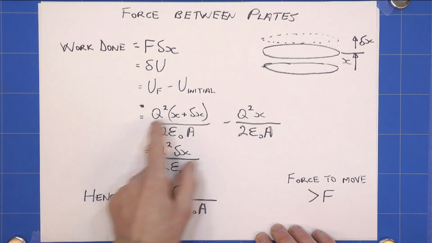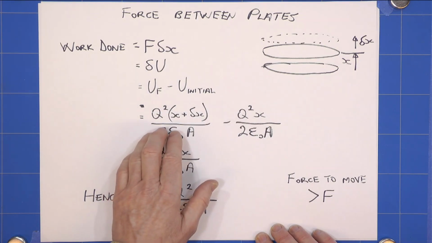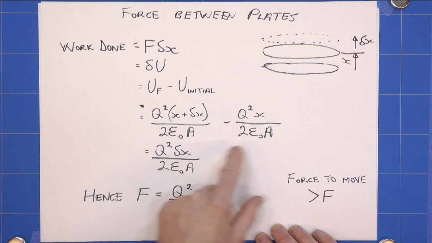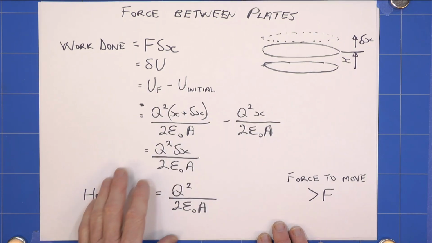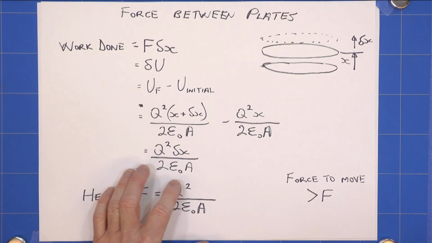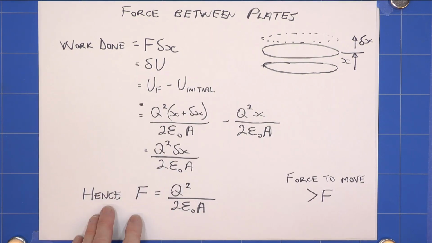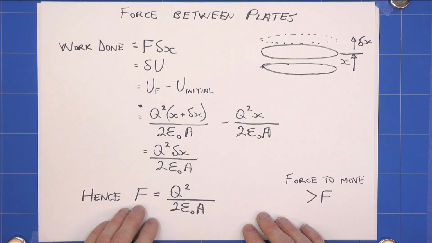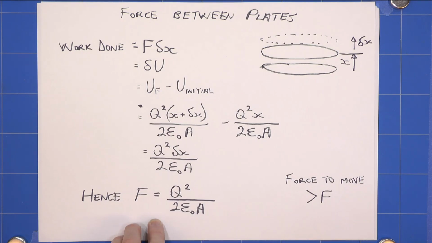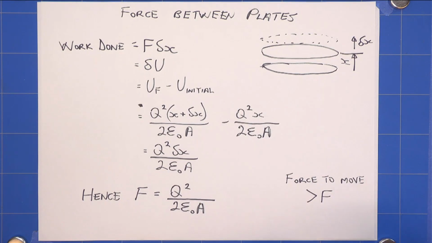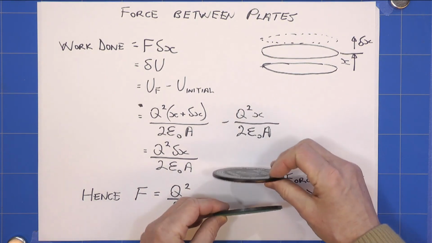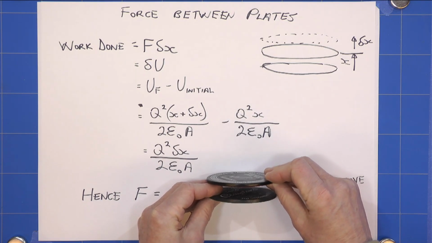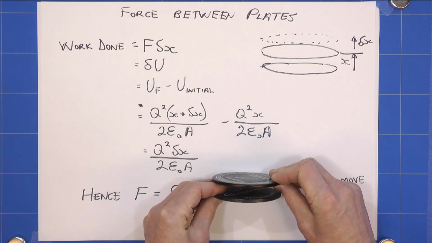And if we put this in, here is our final energy minus the initial energy, we get the work done is Q squared delta x over 2 epsilon naught A. Hence, if we simply divide out our delta x's, we get that the force equals Q squared over 2 epsilon naught A, and also that's the force that the two plates are exerting on each other.